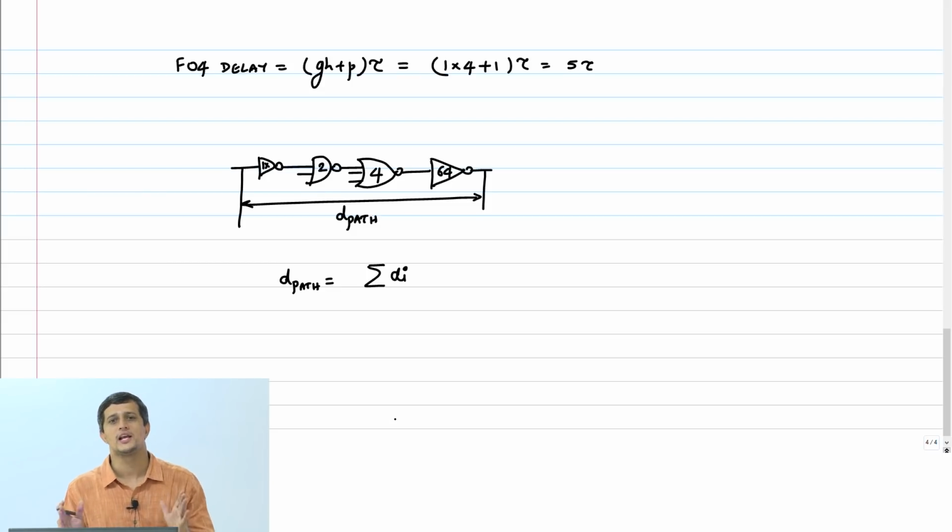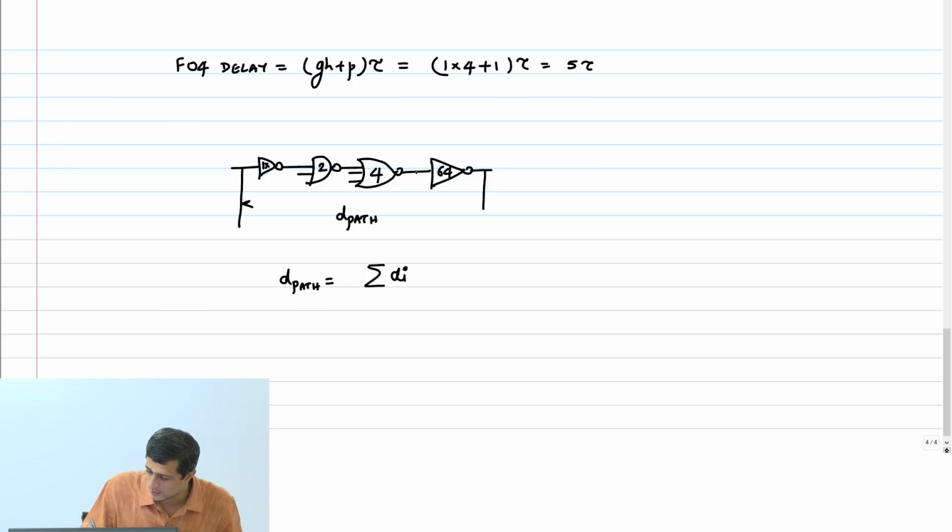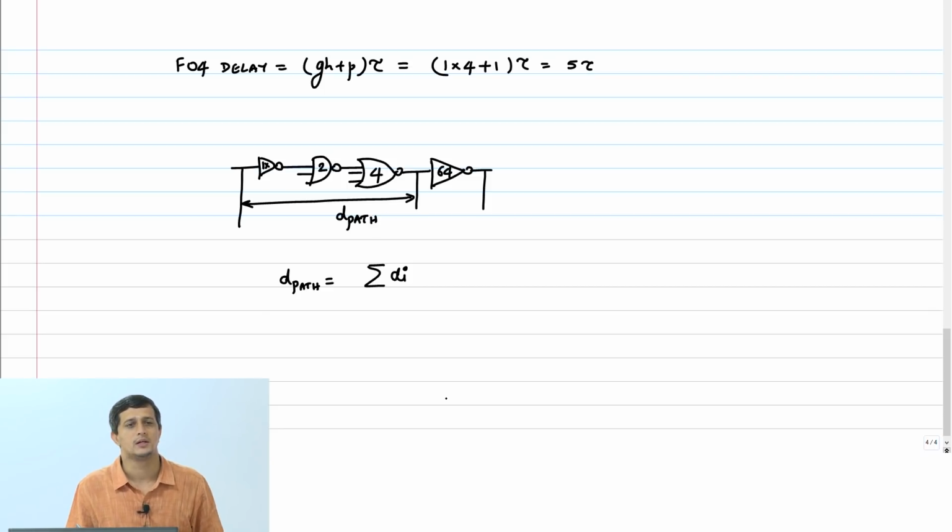There are 4 delays here that I have to calculate. I will not calculate up to the last one, I will calculate only up to here, because otherwise I need to know the load there. Only three gates I want to calculate. Okay.